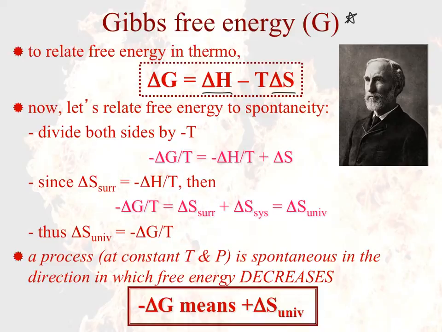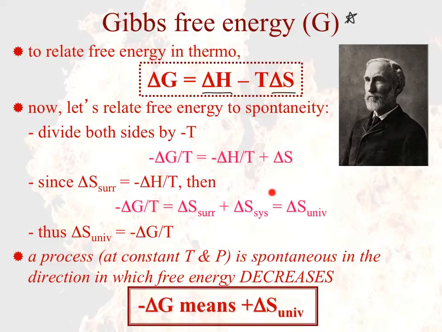So the change in the surroundings and the change in the system is equal to the change in our universe. And we know that the more positive the entropy change in the universe, the more likely that reaction is going to be spontaneous.